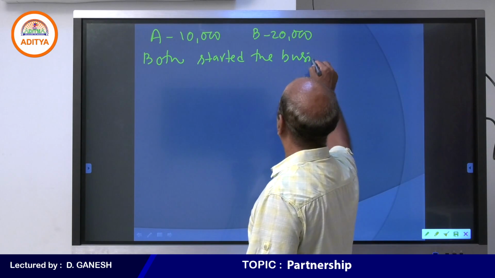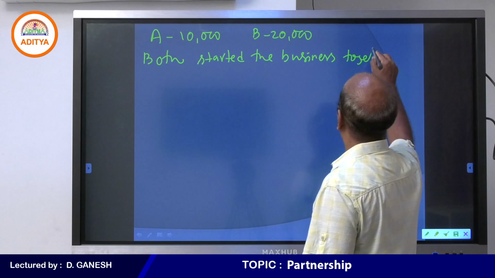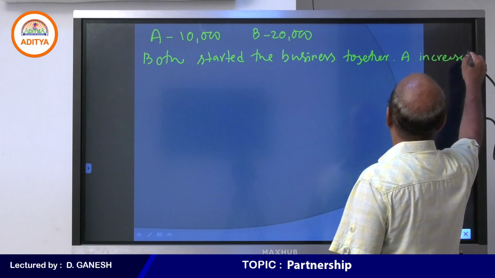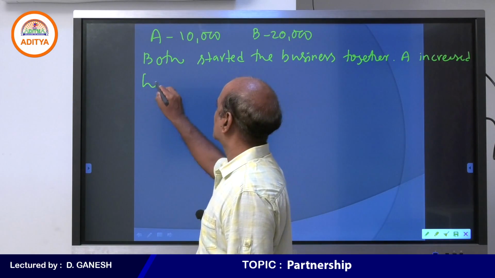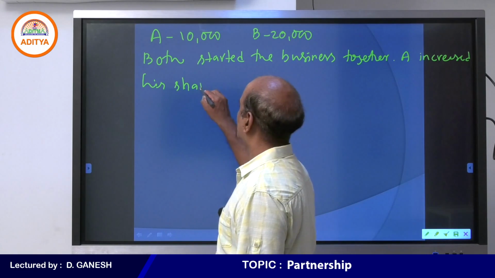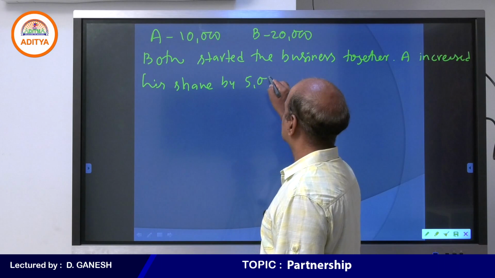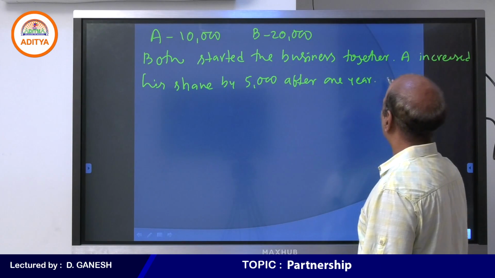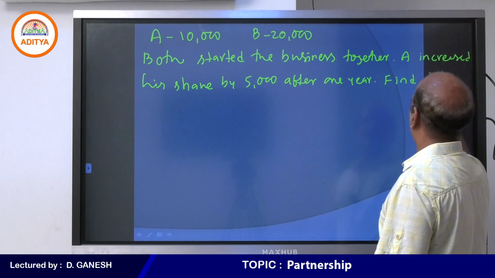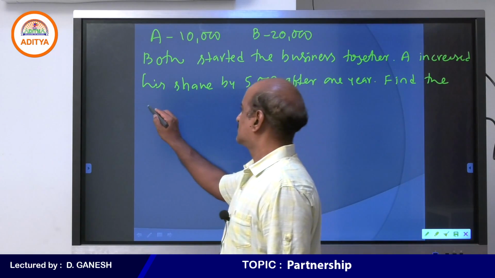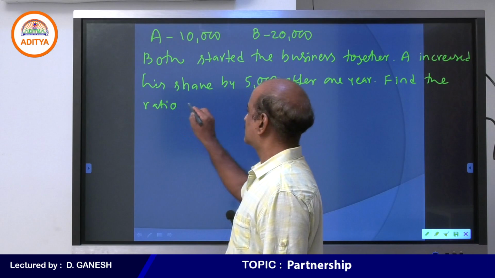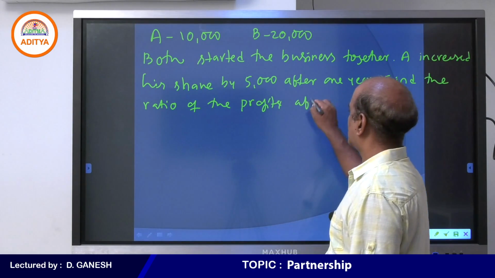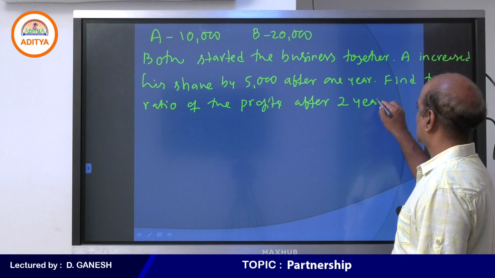A increased his share by 5,000 rupees after 1 year. Find the ratio of the profits after 2 years.